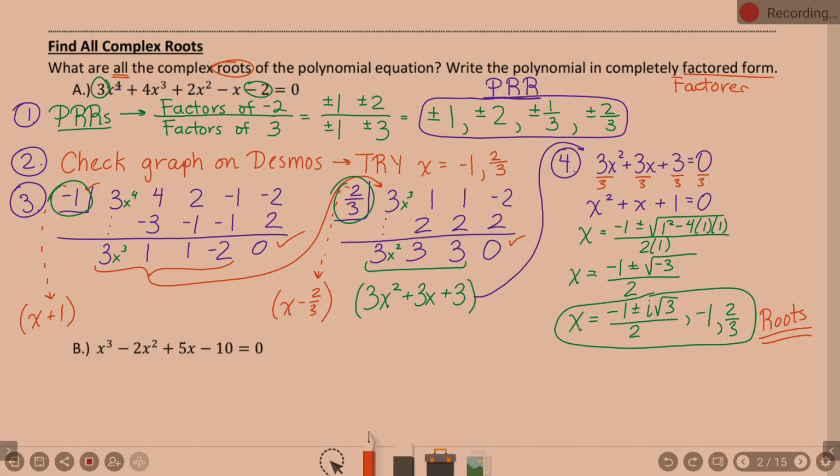And with factored form, what factors did we find? We found x plus 1. We found, I'm going to leave it as x minus 2/3 because that's what I have in my notes right now. And we found the 3x squared plus 3x plus 3. Your factored form would look something like that.